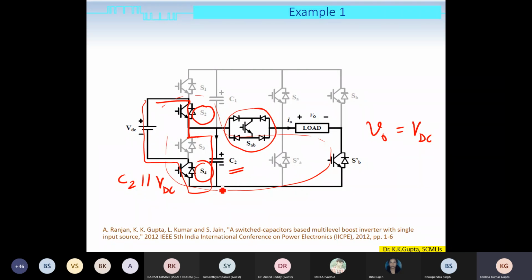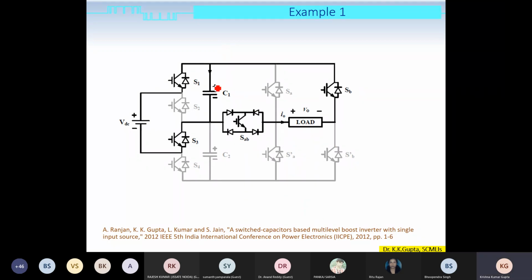So capacitor C2 gets charged to a voltage equal to VDC. So here we have two paths. One path is charging the capacitor to a voltage VDC. The other path supplies a voltage level to the load, and that level is equal to VDC here.